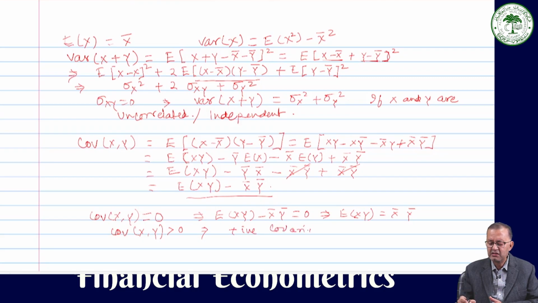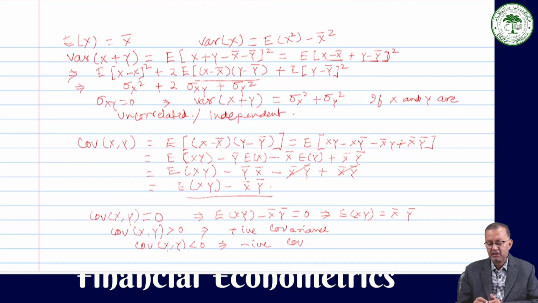If the covariance between x and y is less than 0, then if any value of x is greater than the mean value of x, the value of y will be less than the mean value of y. So there is an inverse relationship. This is called negative covariance.